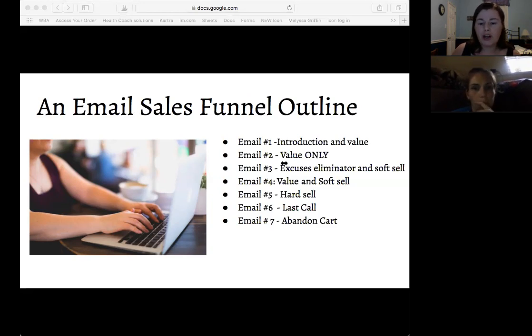So your job during the sales process is to help them shift from believing that they can't do it to they can, right? So you're tearing down false beliefs around their abilities to affect change with their diet or change how they eat, how they take care of themselves. So this is all about education and mindset shifts, okay? So that's what the second email is going to be.